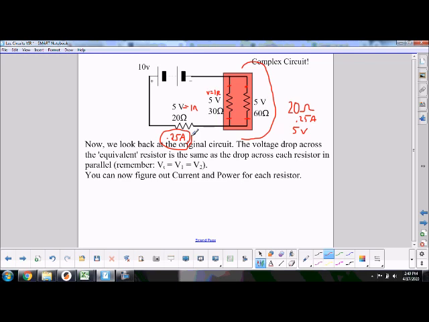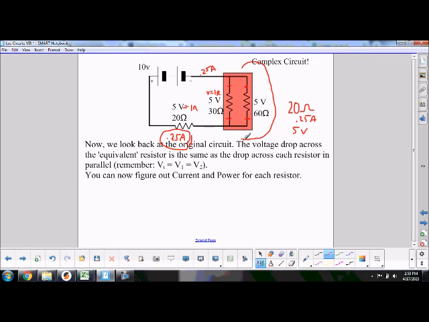And the total current into that intersection has to equal the current that leaves that intersection. And when these two currents get together up here, they're going to rejoin and come back here and be 0.25 amps again. So these are double checks that let you see if your math is working out. If this current plus this current equals 0.25, you know you did your math right.